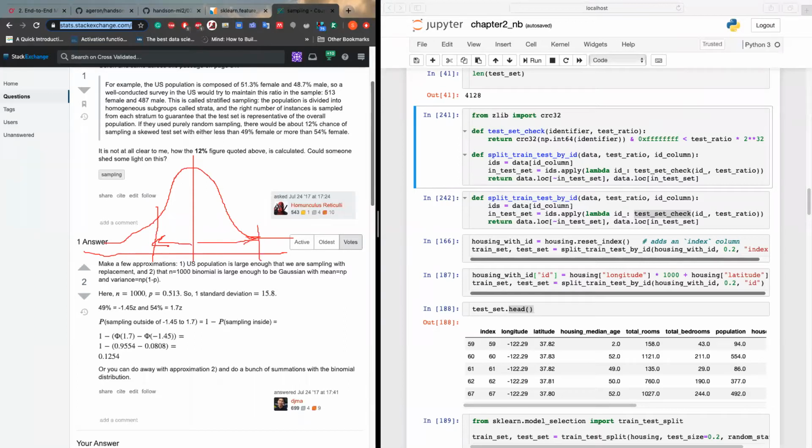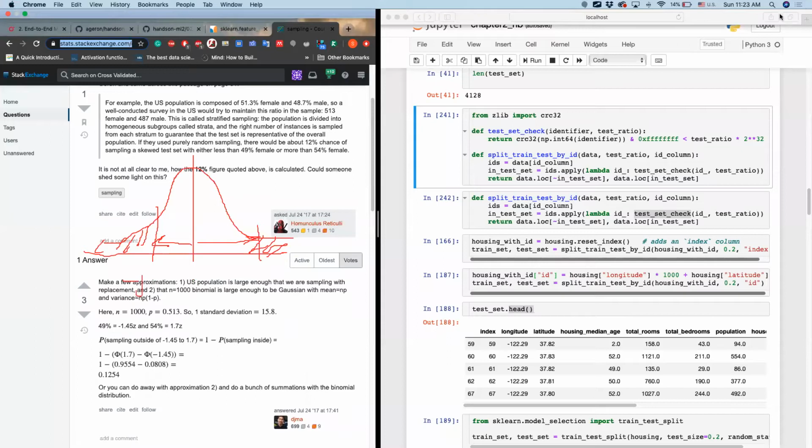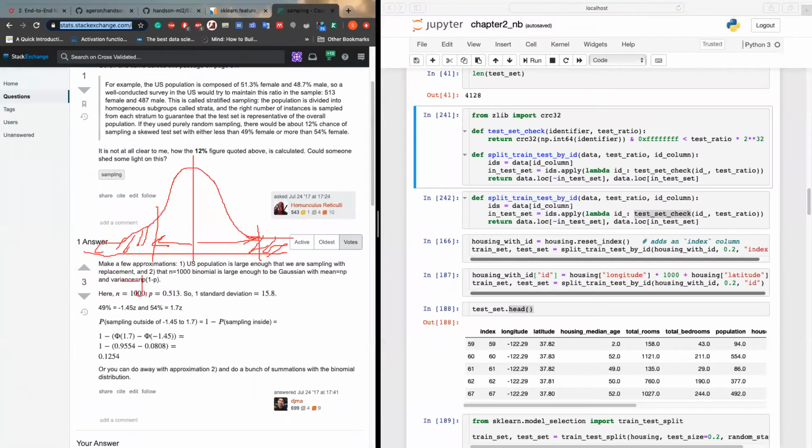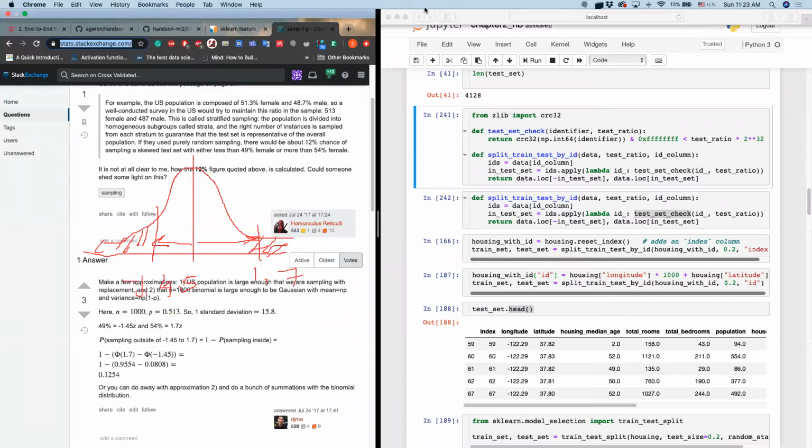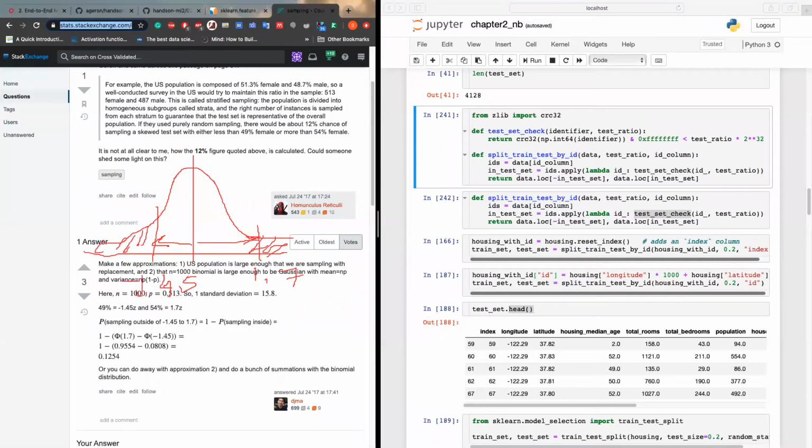What we're doing is integrating the area under the curve of the Gaussian distribution outside of these limits. Sorry about this horrible writing. So what we want is the probability that the sample is outside of these limits.